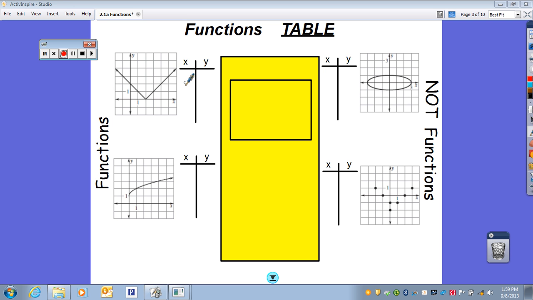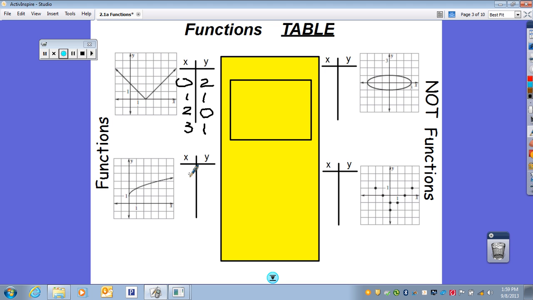For example, in this one we have the point 0, 2, and we have the point 1, 1, and we have the point 2, 0, and we have the point 3, 1, to name a few.